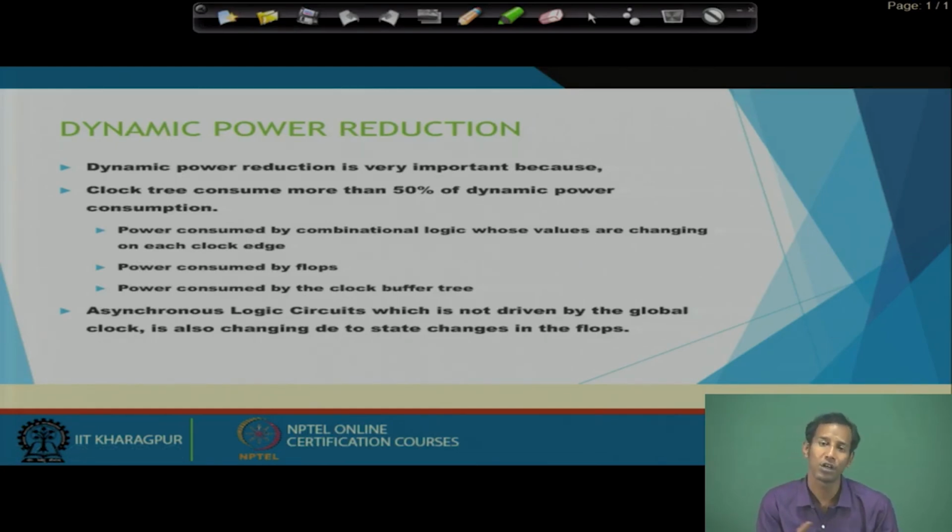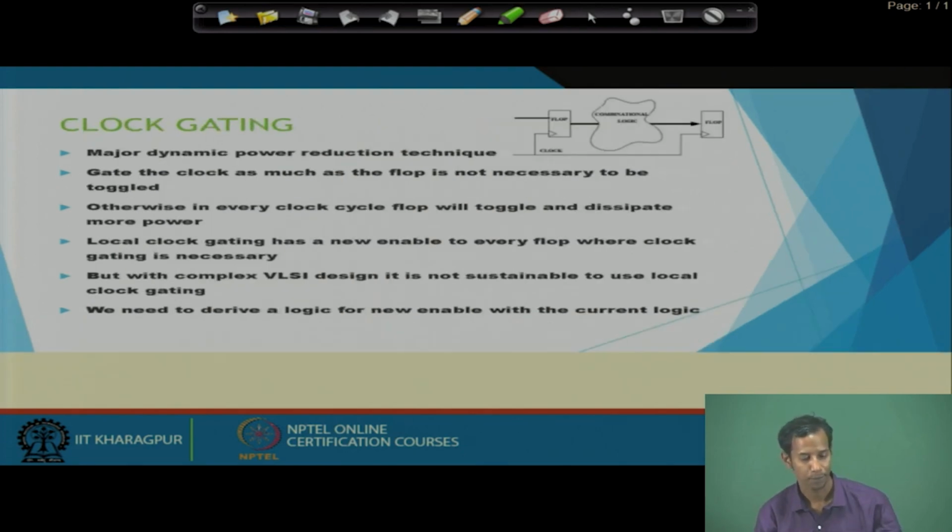When the clock edge occurs, only then do they switch the data; otherwise they remain silent or idle. But every flip flop and the clock tree buffers also consume power, which contributes to the overall dynamic power consumption of the circuit.